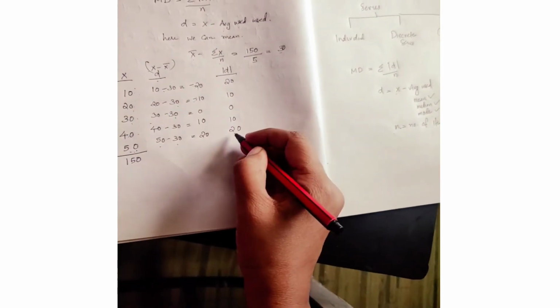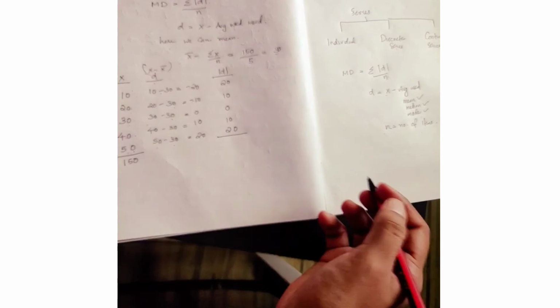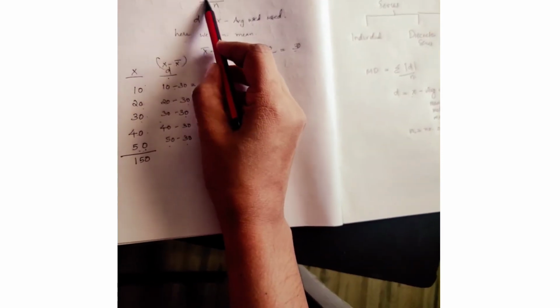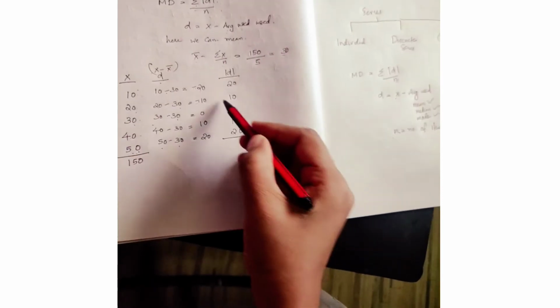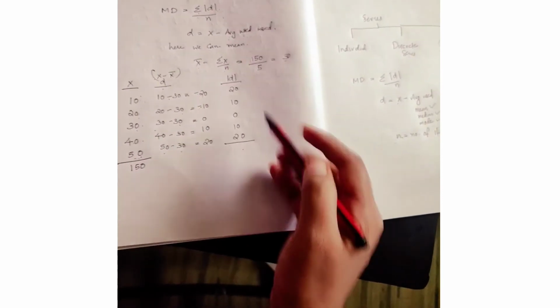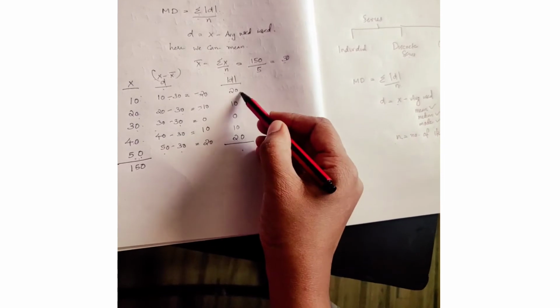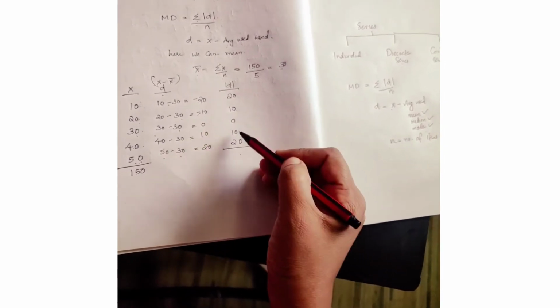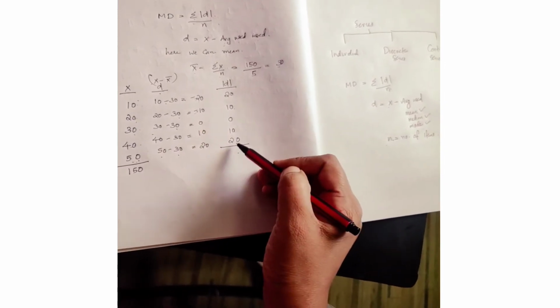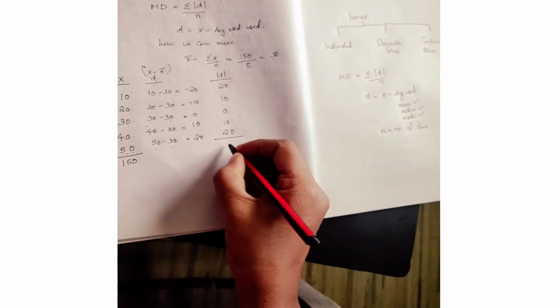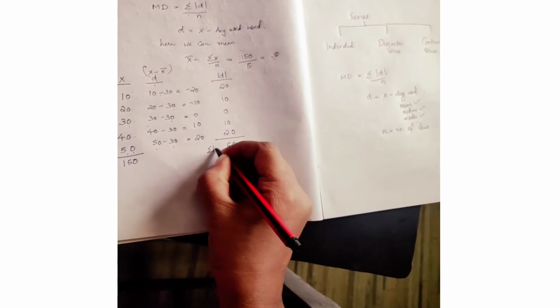Then 10 and 20. Then we have to find the summation, because our equation is sigma modulus d by n. Sigma modulus d is the summation of modulus d. 20 plus 10 is 30, 30 plus 10 is 40, then plus 20 is 60. So sigma modulus d equals 60.